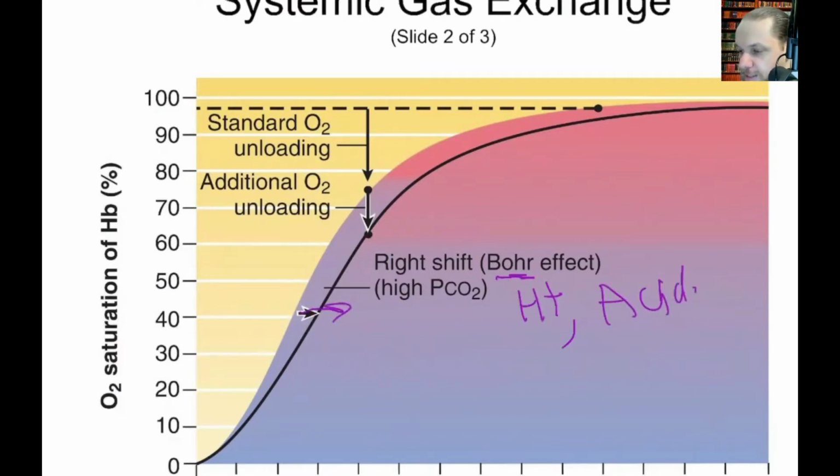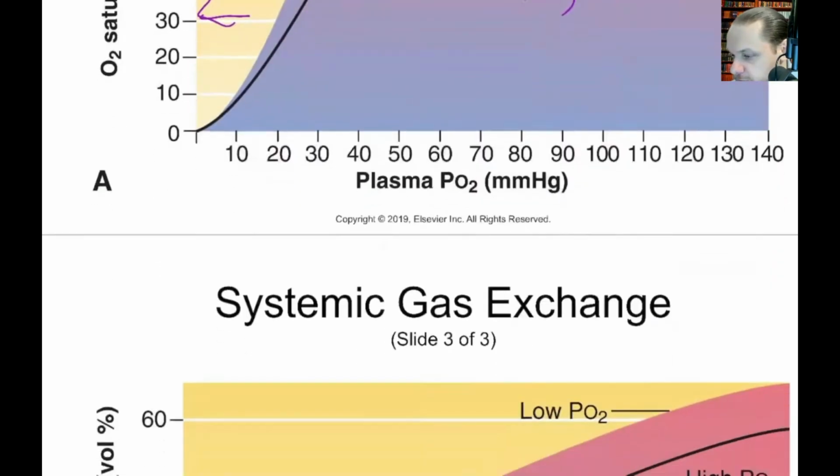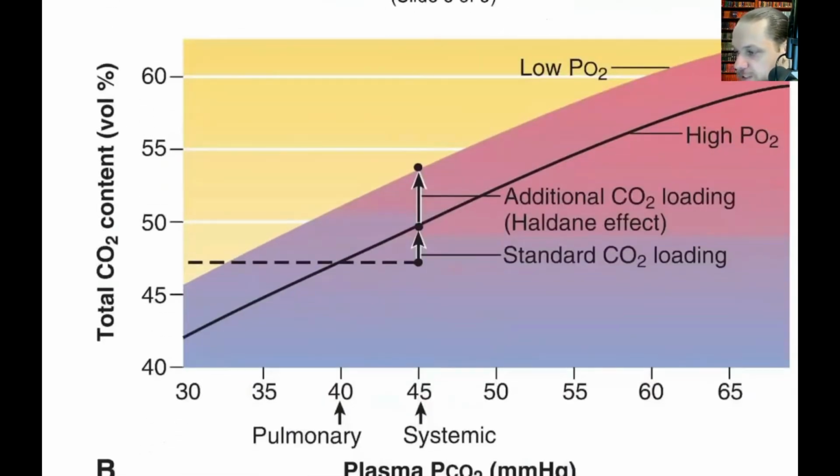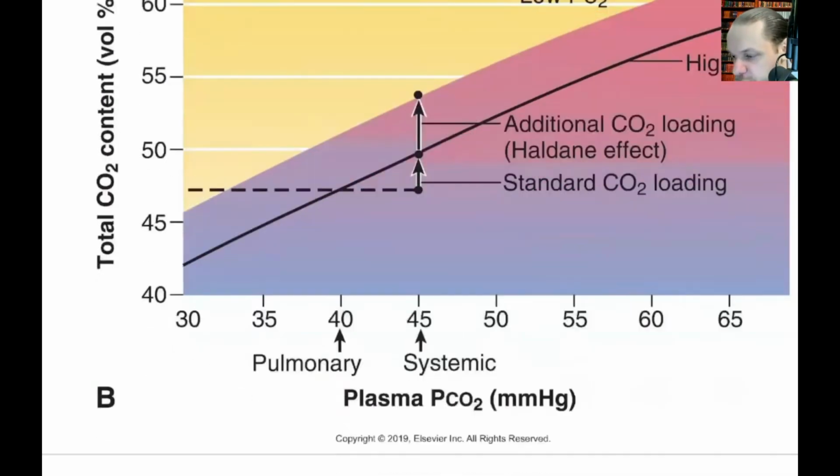If you get rid of CO2, if you blow off CO2, it's going to move it this way. This is the Haldane effect. It's basically that you could get more CO2 bound to your hemoglobin at the lung tissue. I wouldn't worry about these two concepts.